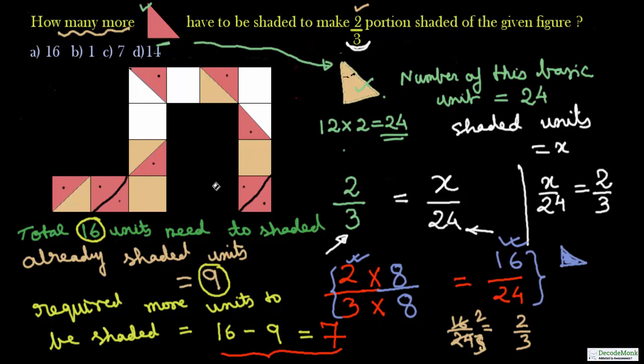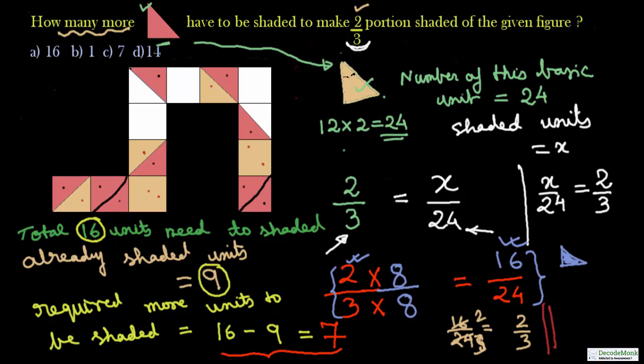So you see we have got 16 out of 24 basic units shaded. You can see that 9 were already shaded. Now we count 1, 2, 3, 4, 5, 6, 7. So 7 are newly shaded and the total is 16. And therefore 16 upon 24 is equal to 2 by 3. I hope you get the point.